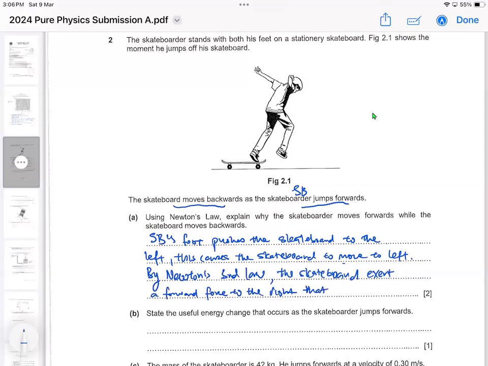So this forward force that is to the right will push the skateboarder to the right side.